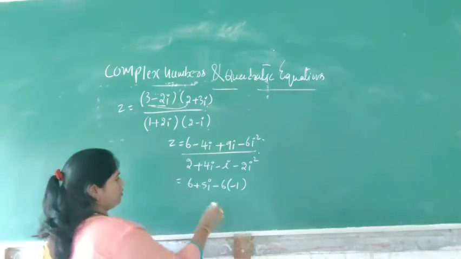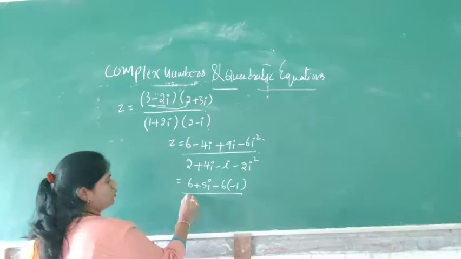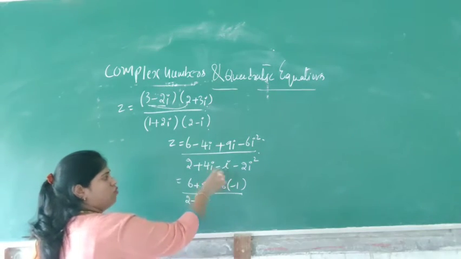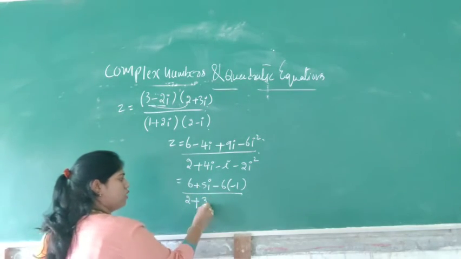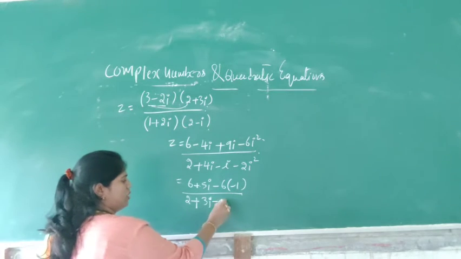So in the denominator, 6 minus 4i plus 9i, so minus 6. So 2 plus 4i minus i is 3i, 4i minus i is 3i, minus 2.